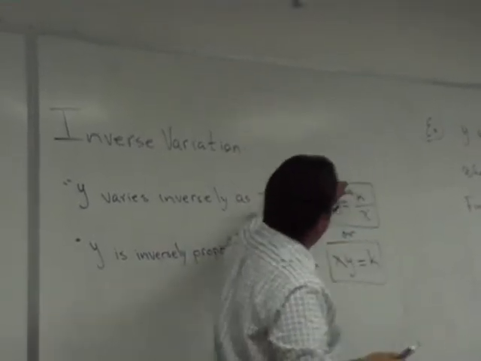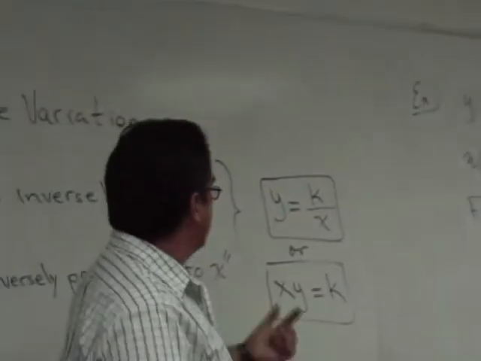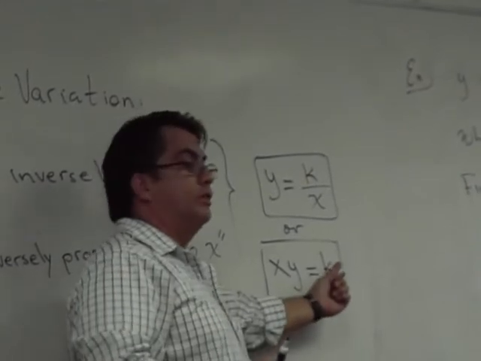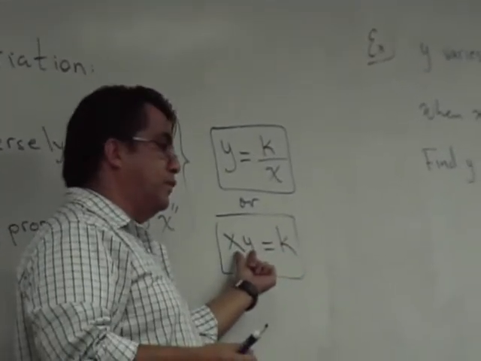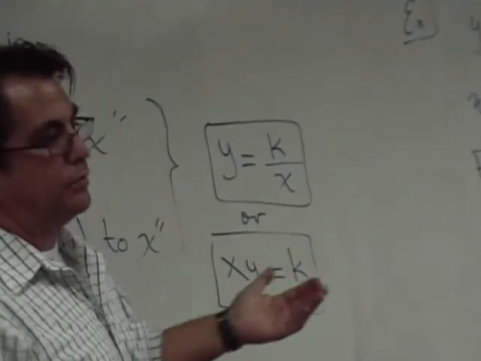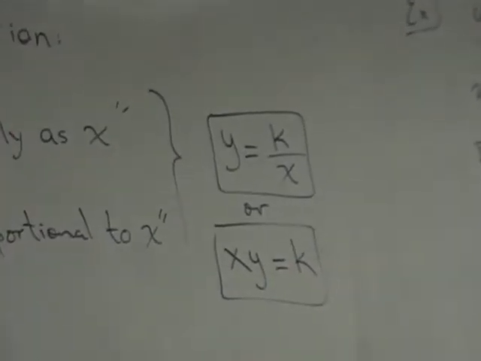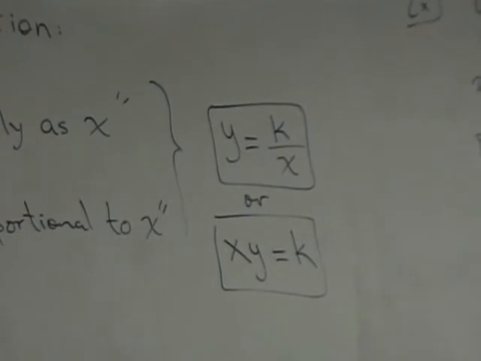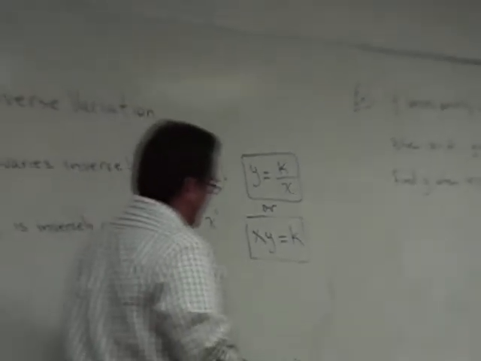So we can say y varies inversely as x this way, or we can say, look, xy is constant, meaning if the product of 2 variables is the same, always, then those variables are inversely proportional to each other. Okay? So an example here.